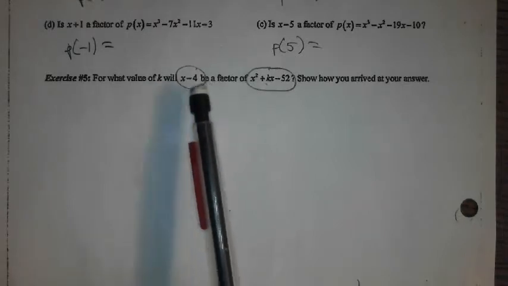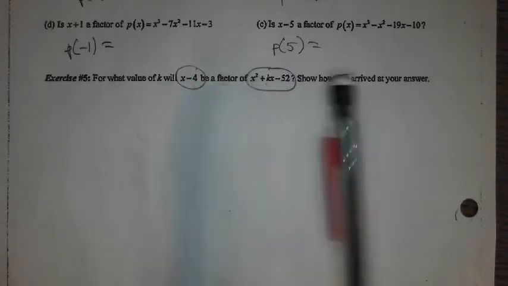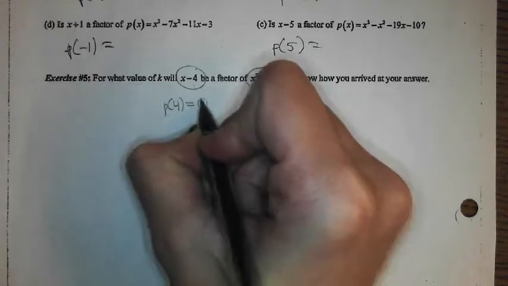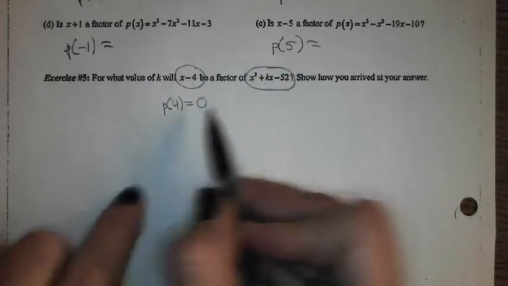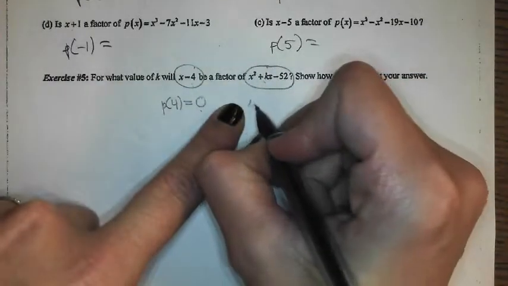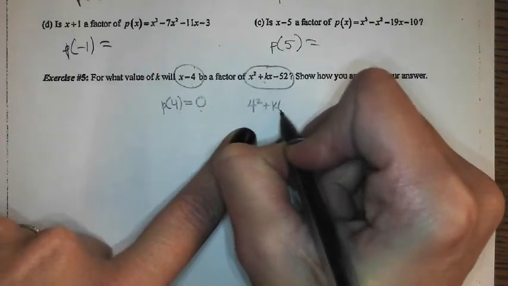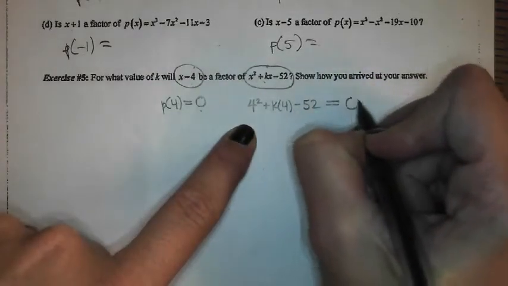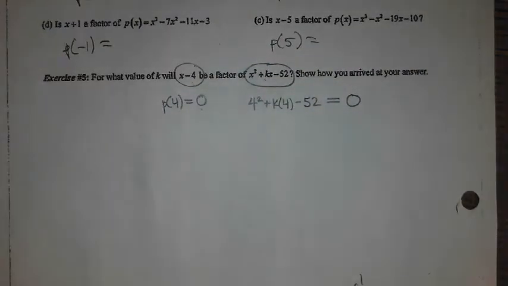We want to plug in 4, and what do we want it to give us? If we want it to be a factor, we want it to give us 0. So if I plug in 4, 4 squared plus k times 4 minus 52, I want that to give me 0. So that 4 is a root. And solve that. Pretty easy to solve that.